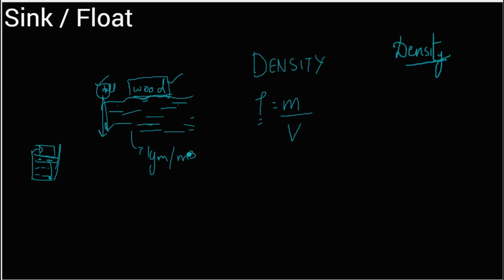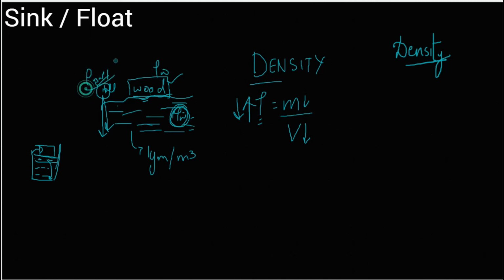If your volume is less, you will have greater density. If your mass is low, you will have lesser density. This is the density of water, and this is the density of wood, and this is the density of the ball.